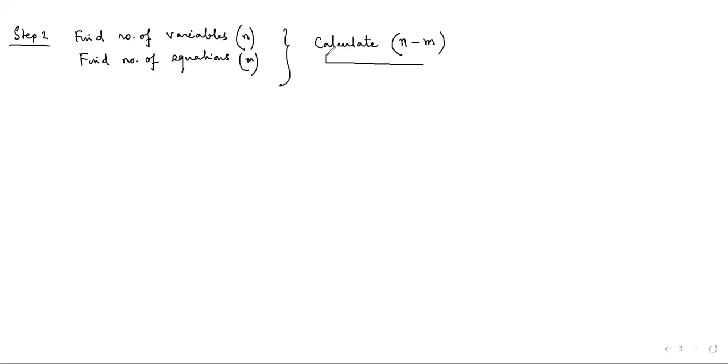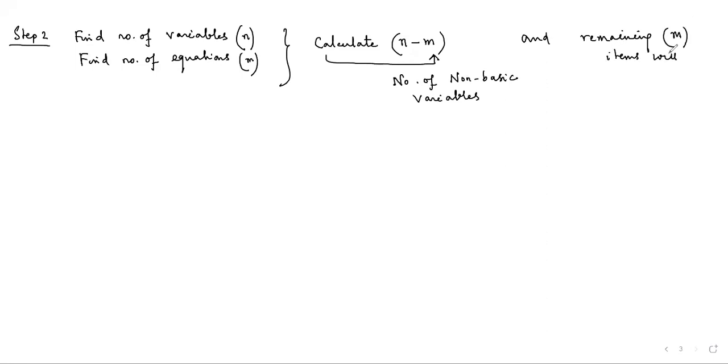This figure n minus m will give you the number of non-basic variables. These n minus m items will be called the non-basic variables, and the remaining m items will be called the basic variables.